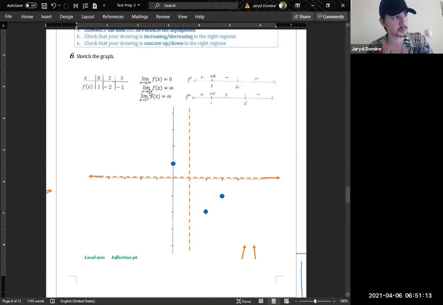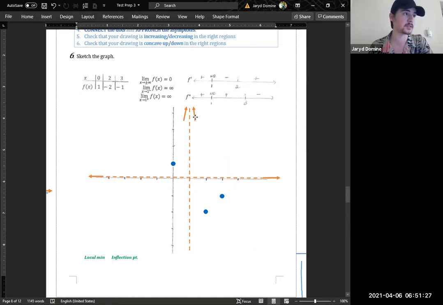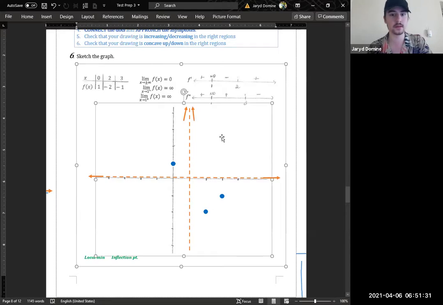As we approach it from the left, that's this 1 minus, the minus sign here, we're going to be going up to infinity. All right, so I'm drawing an arrow here. As we come at it from the right, we're also going up to positive infinity. So in either case, we're going up to infinity from the left and the right. Okay, and then that's it.